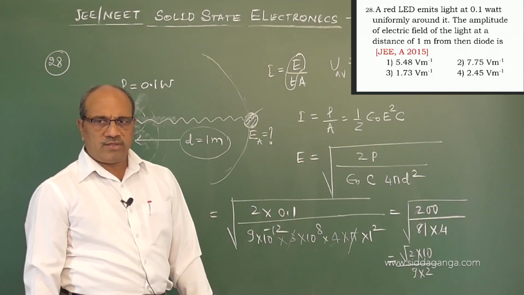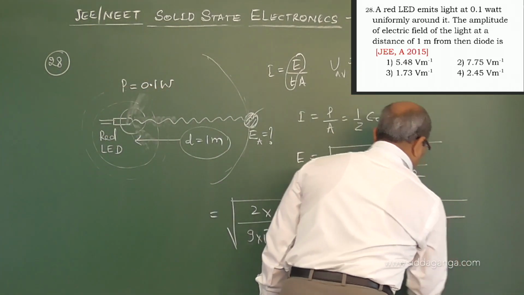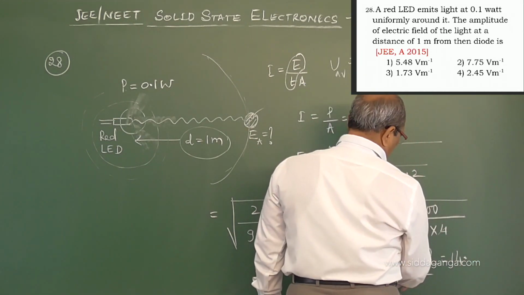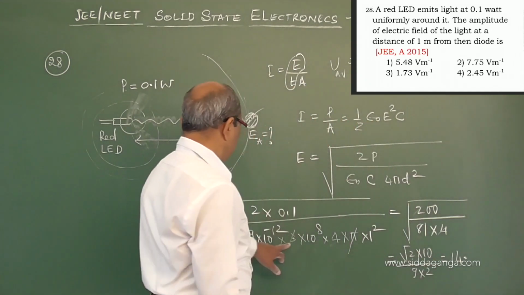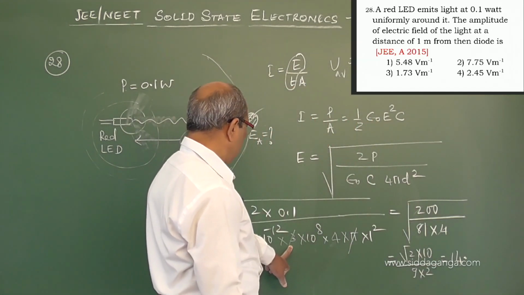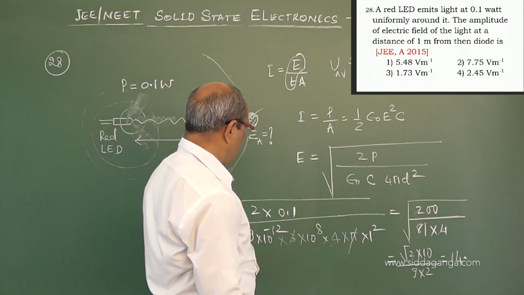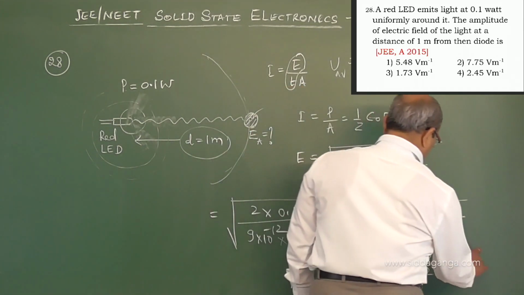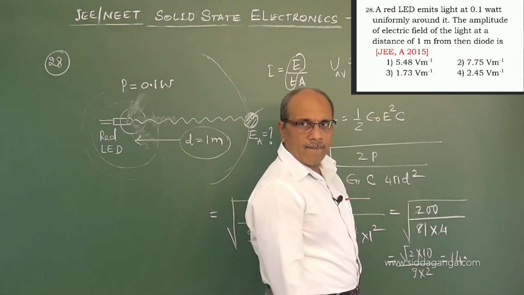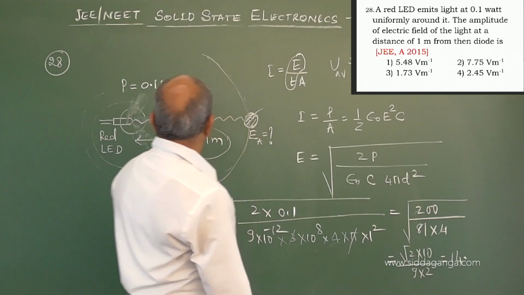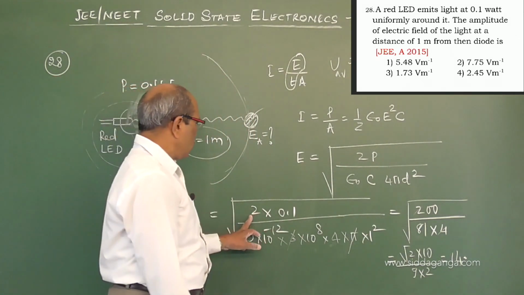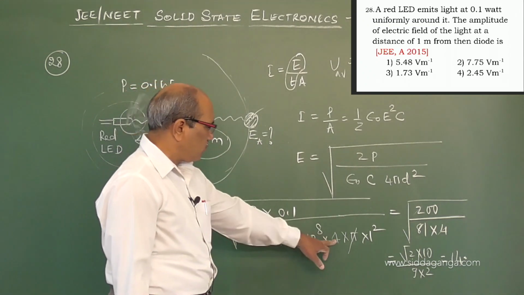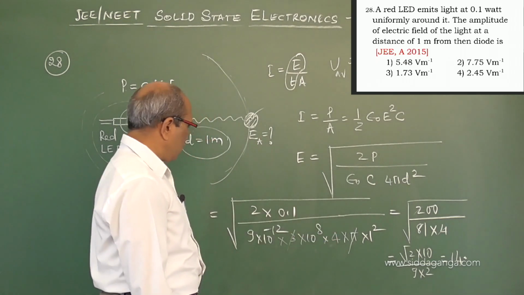So the answer available. Let us see, this is 1.4, 14 point something. 1.4, 81,997. 2 cancels root 2. 14 point. 2 into p, 0.2, 9 into 10 power minus 12, 3 into 10 power 8, 4 pi, 22 by 7, okay, no problem.